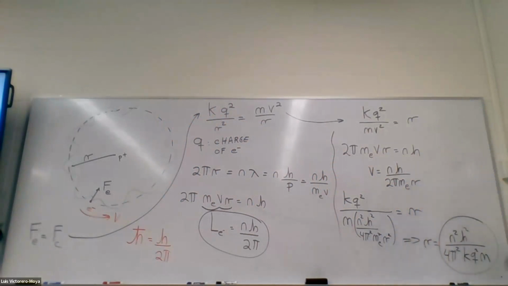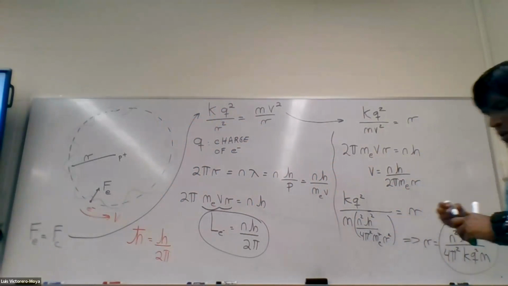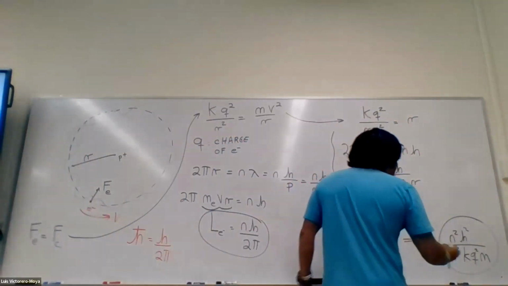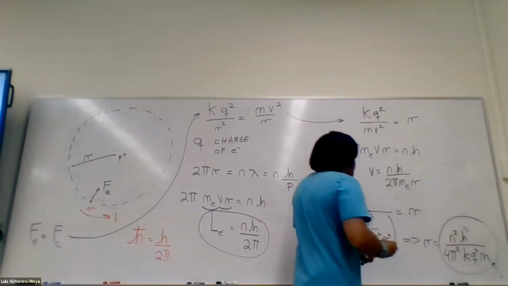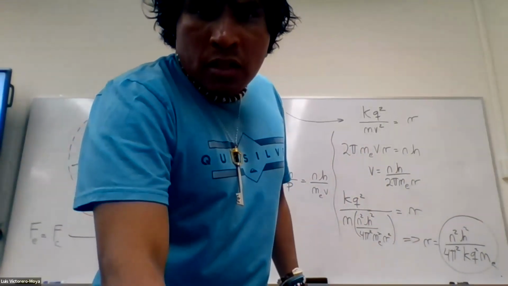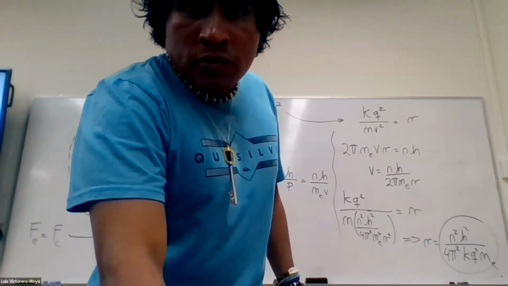A lot of those are constants. K is a constant, 4 pi, h, the charge of the electron, and the mass of the electron. All of these are constants, right? So we can find the Bohr radius as a function of a constant, and let me show you what that constant is.